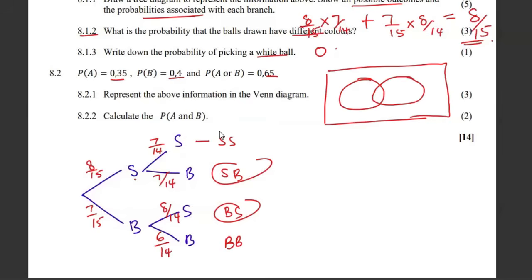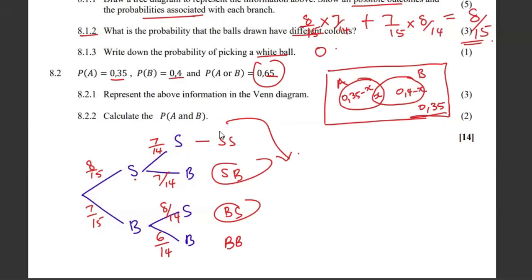We don't know what the intersection is, so I'll call it X. Then A is going to be 0.35 minus X. B is going to be 0.4 minus X. But the total of all the circles is 0.65. So when I subtract from 1, I'm going to get 0.35. So this is our Venn diagram.